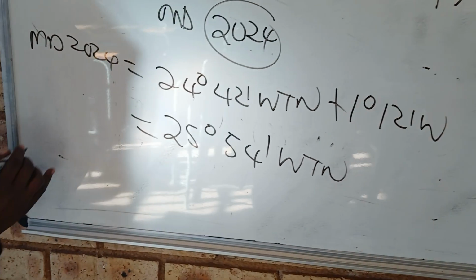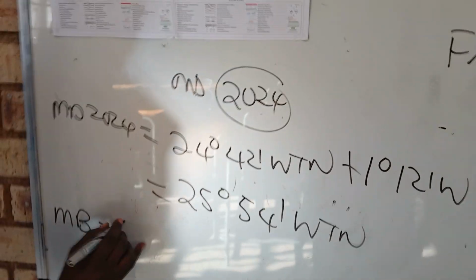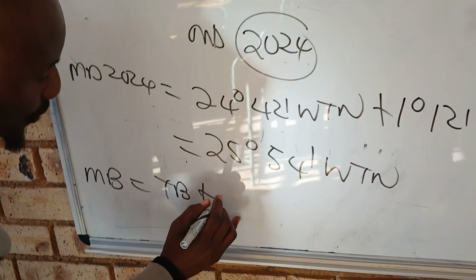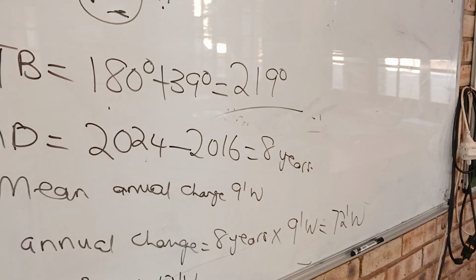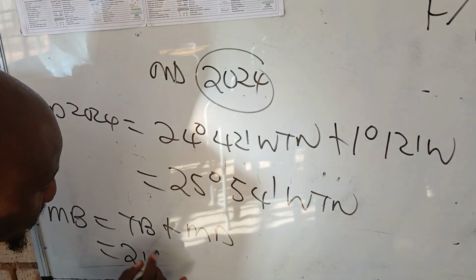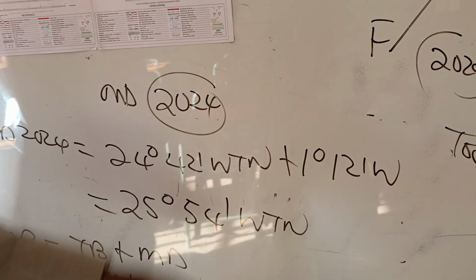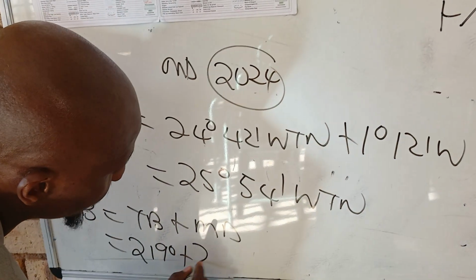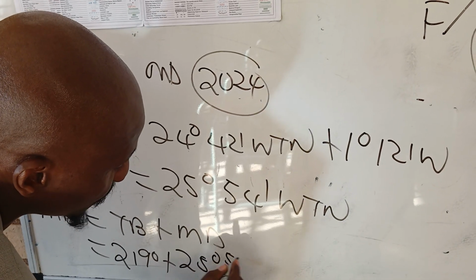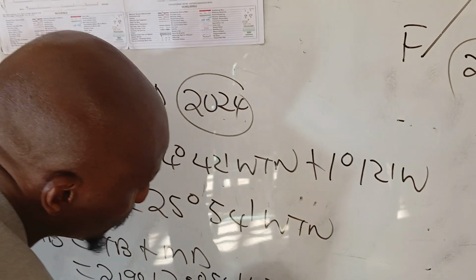Then lastly, your magnetic bearing. Magnetic bearing is equal to your true bearing plus your magnetic declination. You are now adding the two. What we had as our true bearing is 219 degrees, plus what we had as our magnetic declination for 2024, which is 25 degrees 54 minutes west of true north.